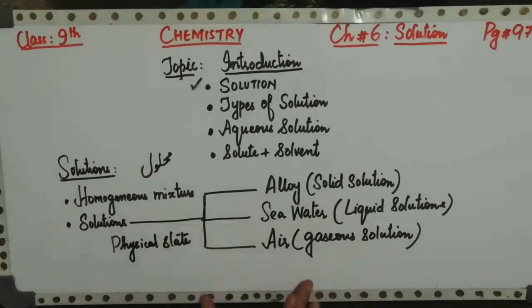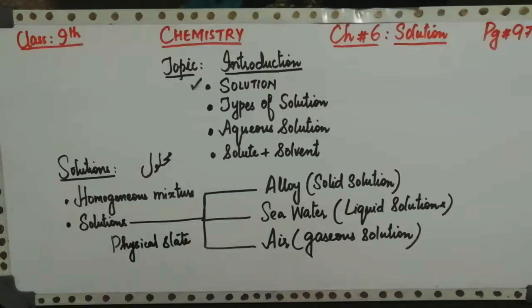Now along with it, you have to remember that depending upon all these 3 physical states, there are basically 9 types of solution present in this world, ranging from gas-liquid, gas-solid, and so on. In this way you have to complete your 9 types of solutions.